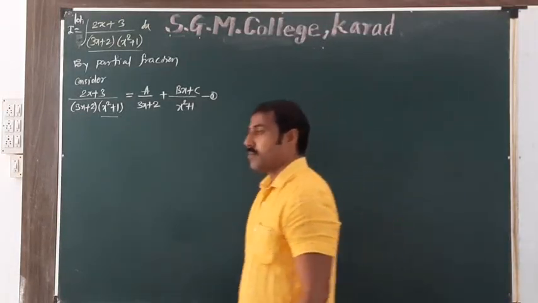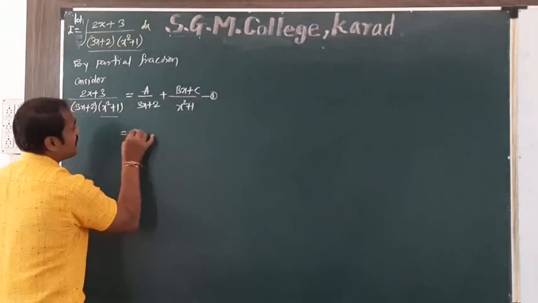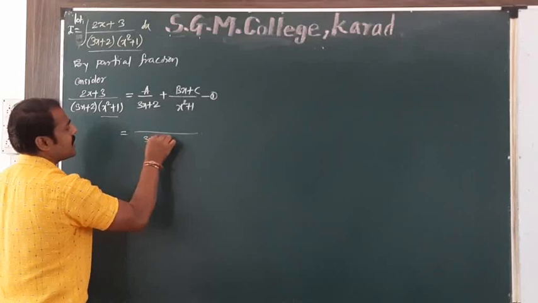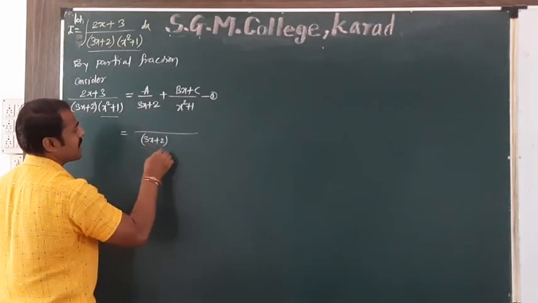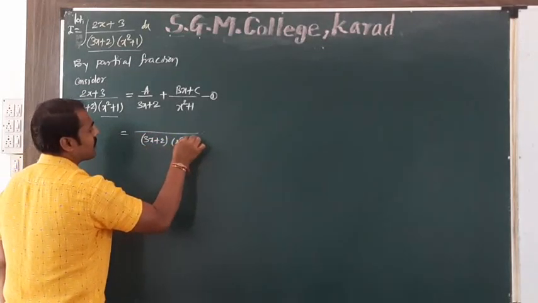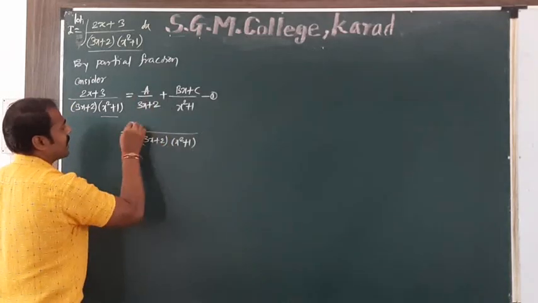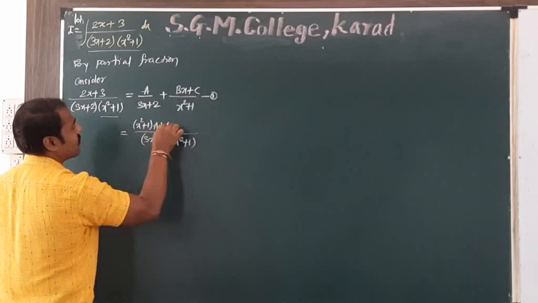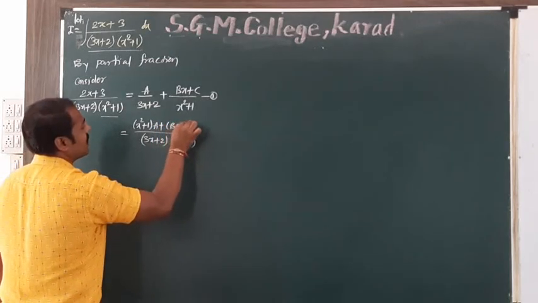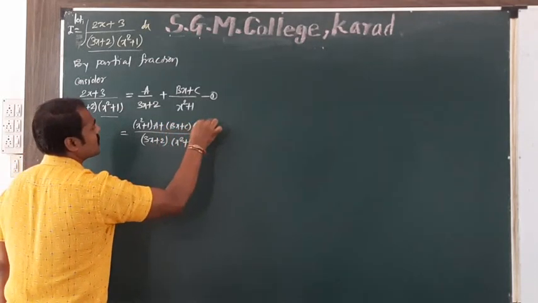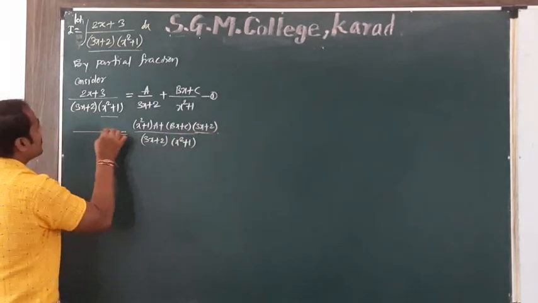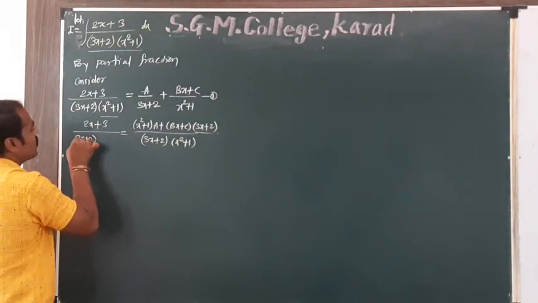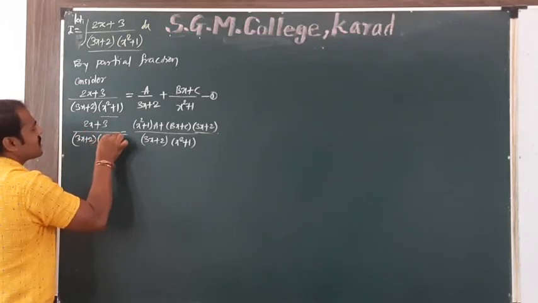So making denominator same on RHS, or taking LCM on RHS, it's 3x plus 2 into x square plus 1, multiplied a by x square plus 1, so x square plus 1 into a plus bx plus c into 3x plus 2, and LHS is 2x plus 3 divided by 3x plus 2 into x square plus 1.